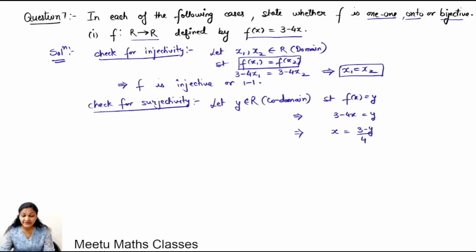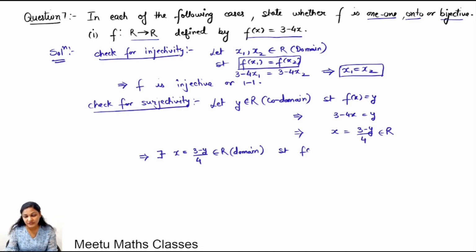If y is a real number, then 3 - y is a real number, then (3 - y)/4 is also a real number. So that implies that there exists an x = (3 - y)/4 belonging to our domain such that f(x) = y, for all y belonging to the codomain.